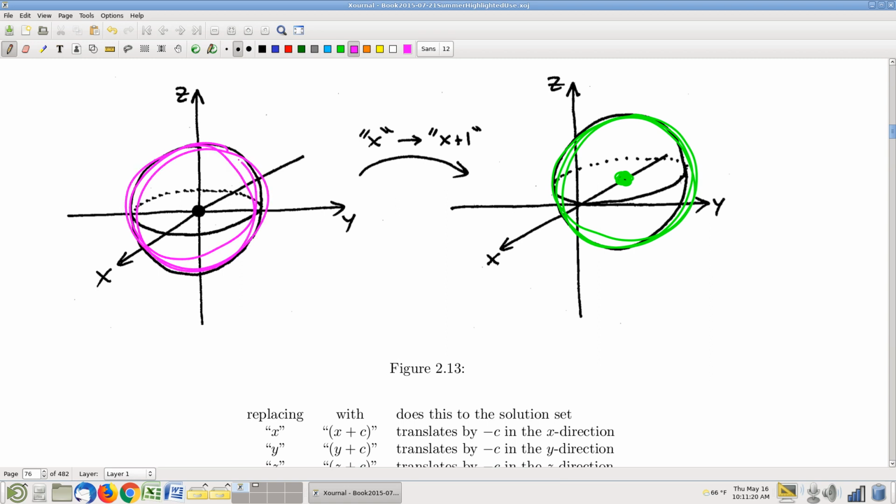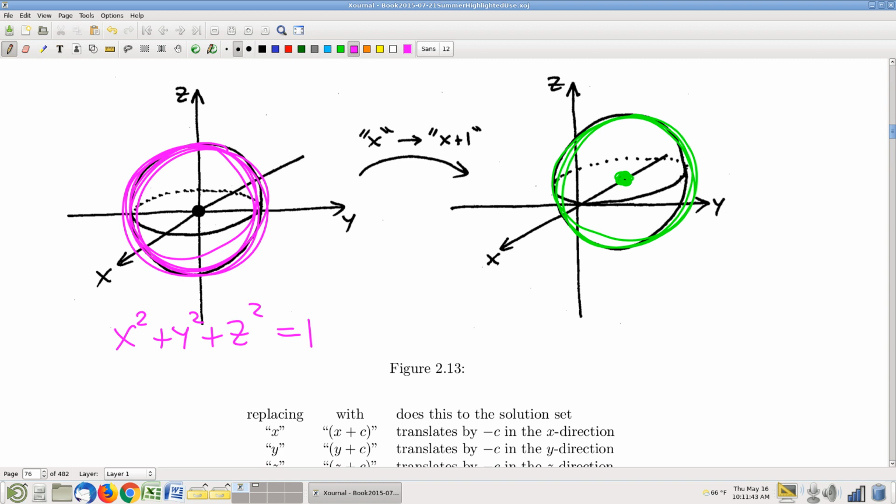Here, I'm going to say this is my original surface, my previously understood surface. We already knew this surface was what you get with x squared plus y squared plus z squared equals 1. This is more familiar, right?